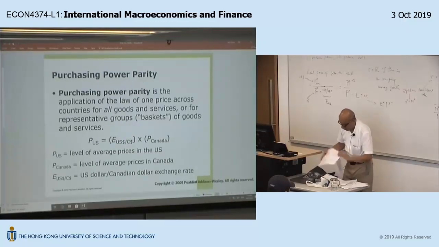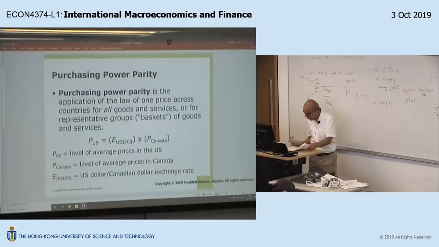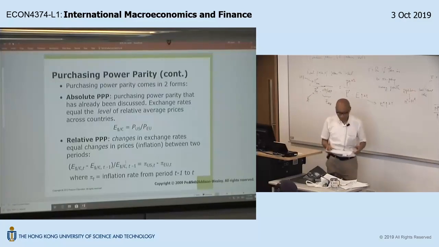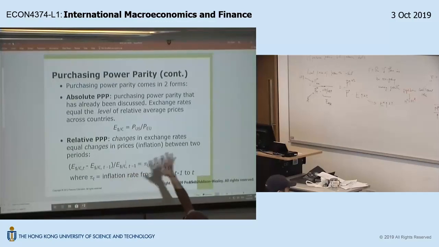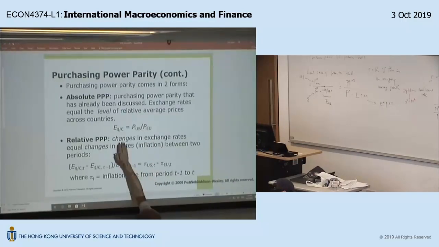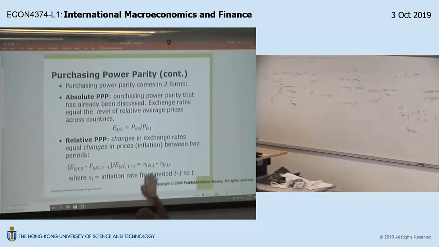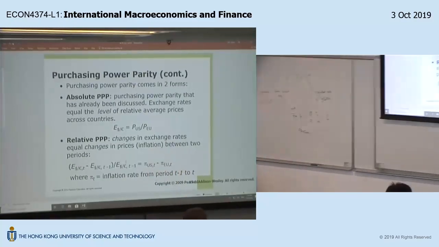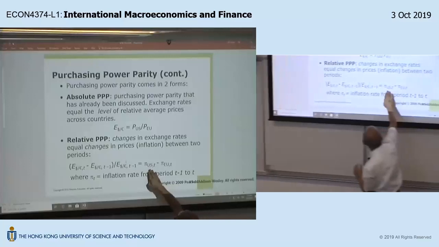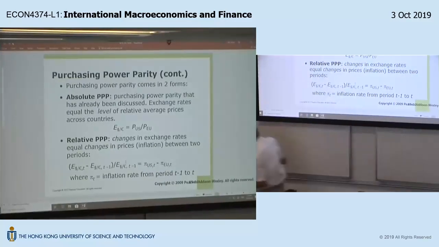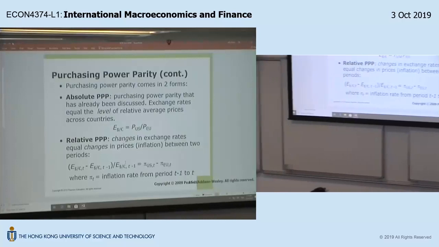It doesn't have to be equal to 1. Absolute PPP, the law of one price, is the absolute version. But relative PPP says I look at the percentage change of the left-hand side, and it should be equal to the percentage change on the right-hand side. Why do I say this? It's some mathematics.